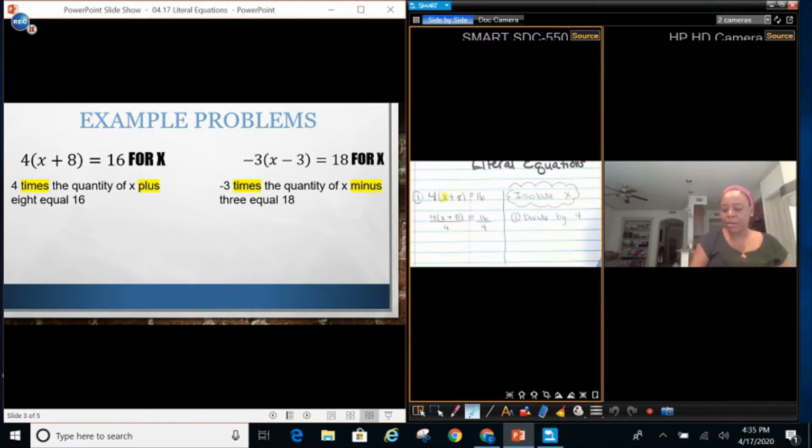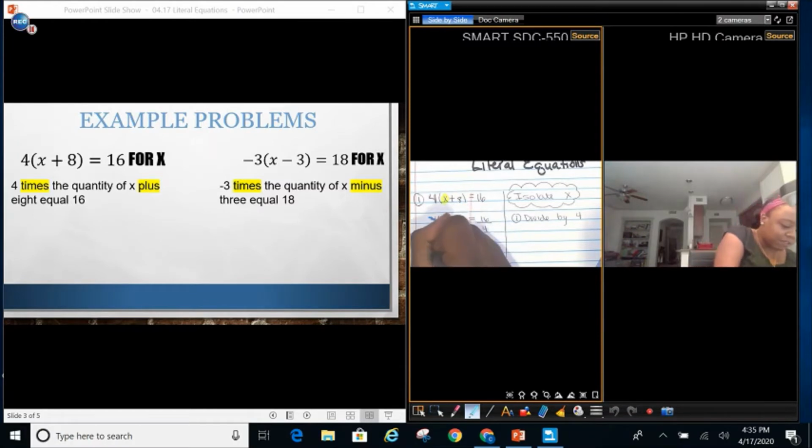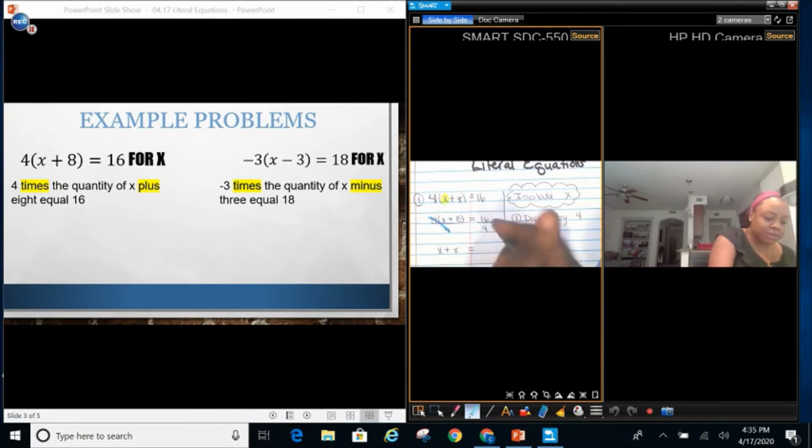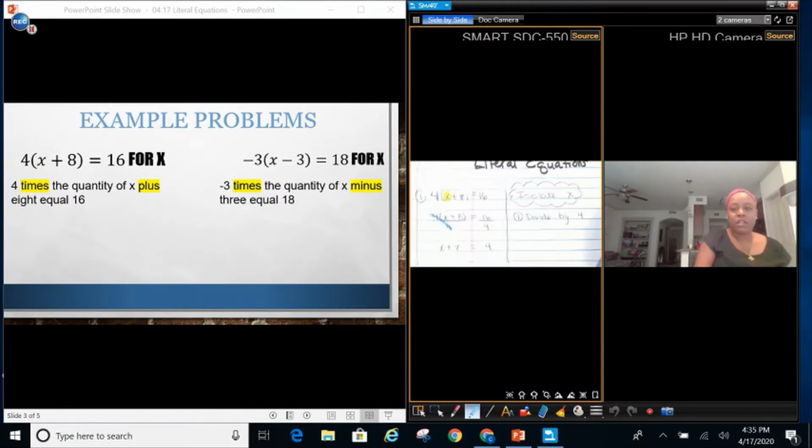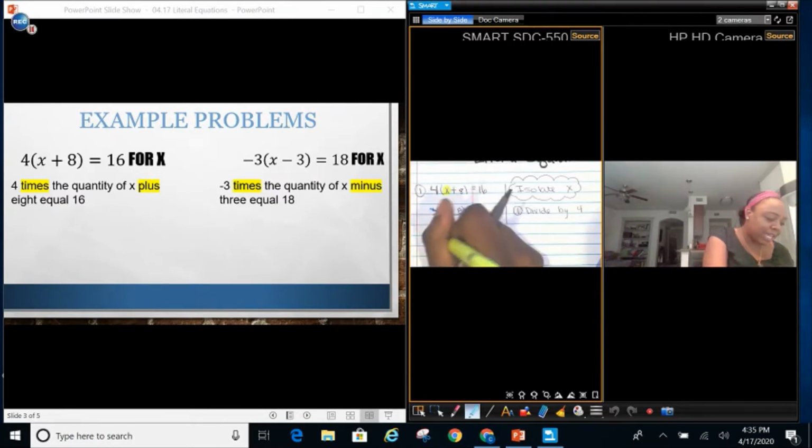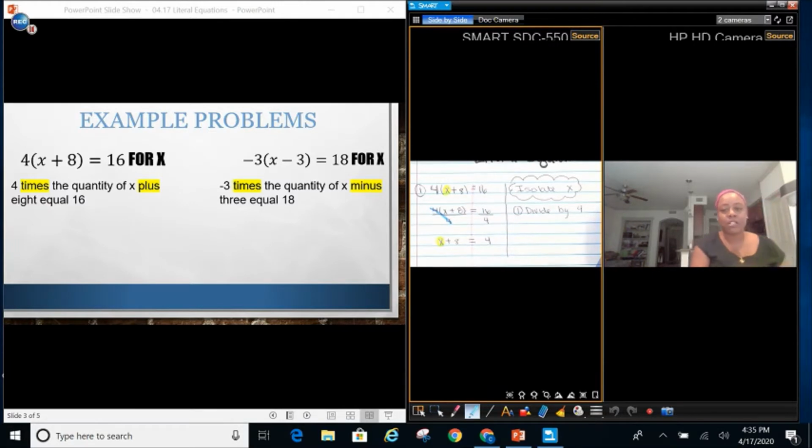Alright, when I divide by 4, this cancels out. So now the only thing I have left over is x plus 8. You do not have to write the parentheses. 16 divided by 4 is 4. Again, I still want x by itself at all times. This x is now by itself because I have a plus 8.